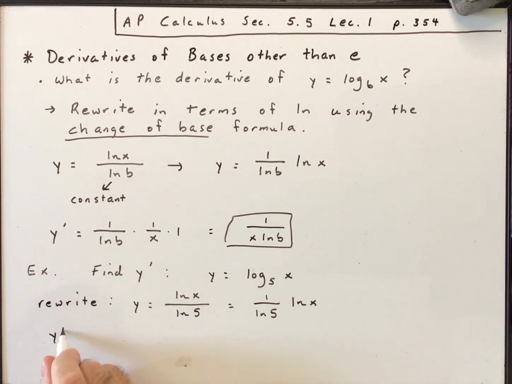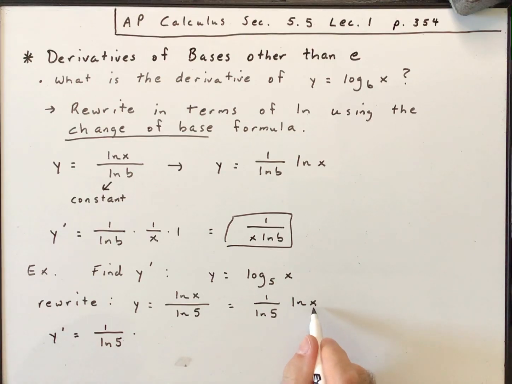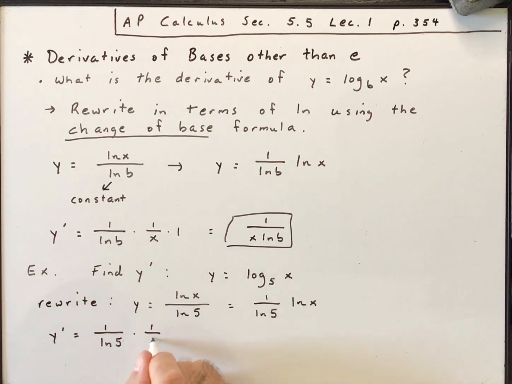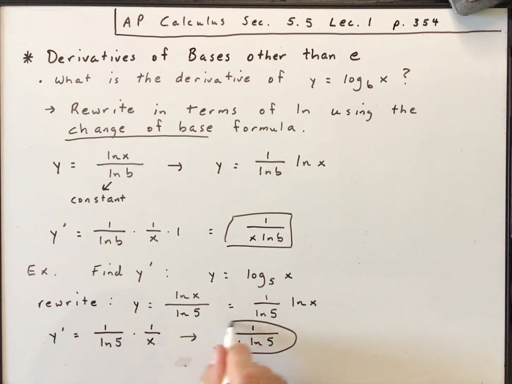So y prime is going to be equal to, just write the constant, 1 over natural log 5 times the derivative of the natural log of x, which is 1 over x. And then we're going to clean that up by rewriting it as 1 over x times the natural log of 5.